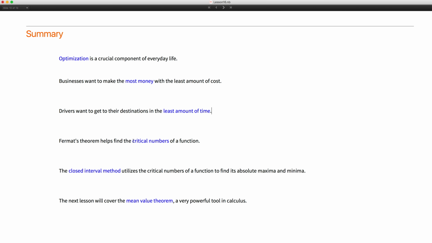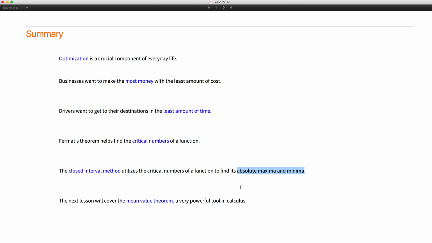The basic tool in this area is Fermat's theorem, which lets us find the critical numbers for a function. And the closed interval method is a complete method for finding the absolute maxima and minima.